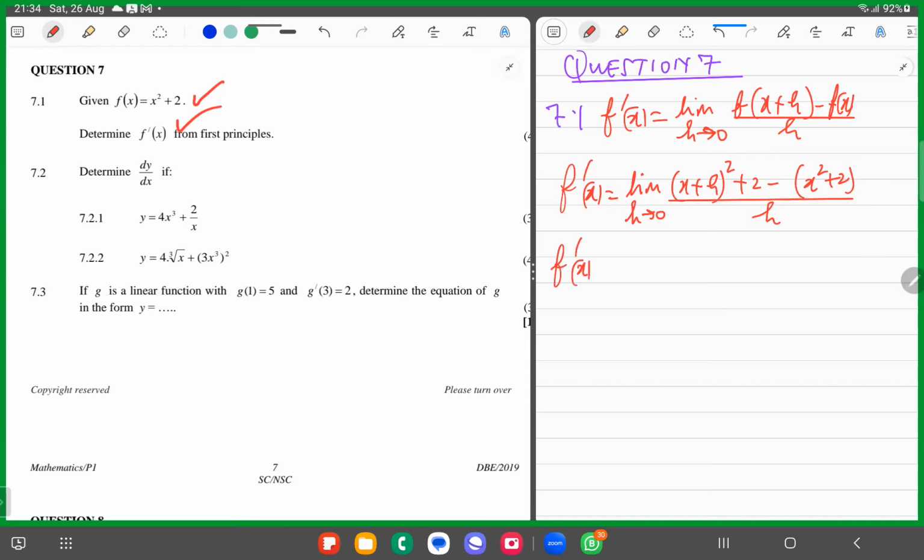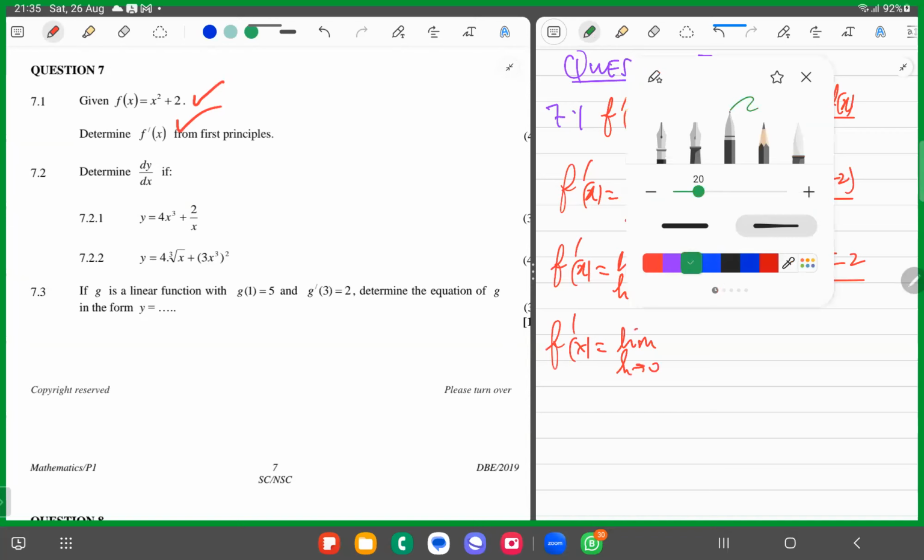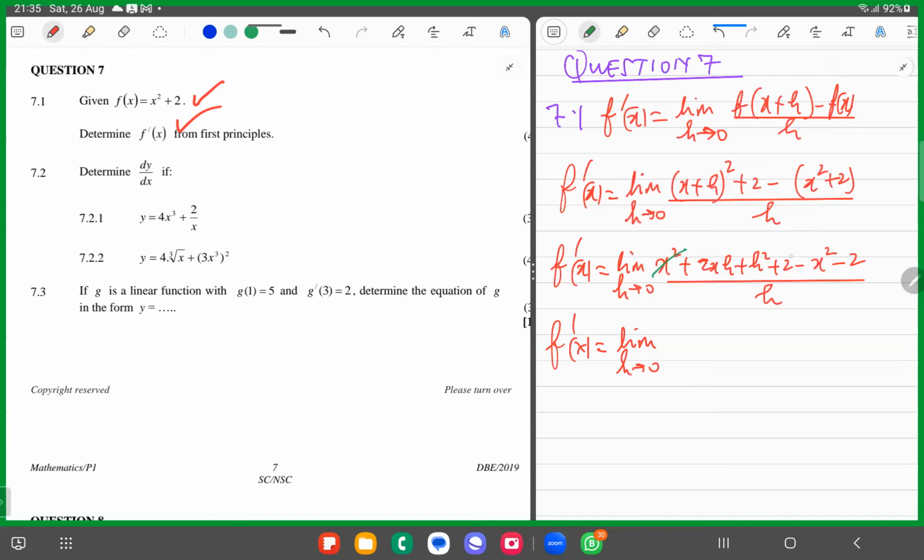Which means f prime of x equals the limit. So you square this, which is x squared plus 2xh plus h squared plus 2 minus x squared. Okay, so you have the cancellation of the terms, and then we take out a common factor, and then we have h(2x plus h) divided by h.